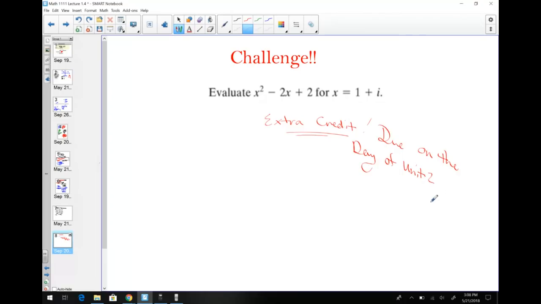So remember, this section 1.4 is in Unit 2, okay? So this is due on the day of Unit 2 test at the beginning of class. All right. Okay, so make sure you write this down or either print this page out, do the problem, and then send it in.